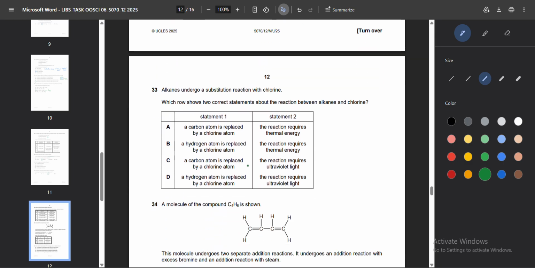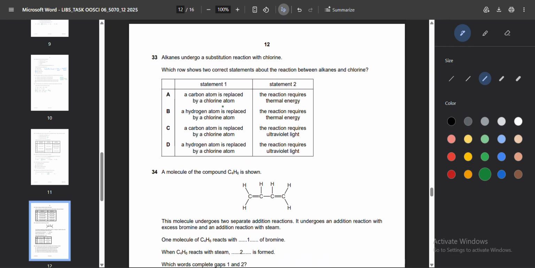Now question number 33. Alkanes undergo substitution reactions with chlorine. Which row shows 2 correct statements about the reaction between alkane and chlorine? So we know the reaction. This is the alkane. It reacts with chlorine. The reaction takes place in the presence of ultraviolet light.